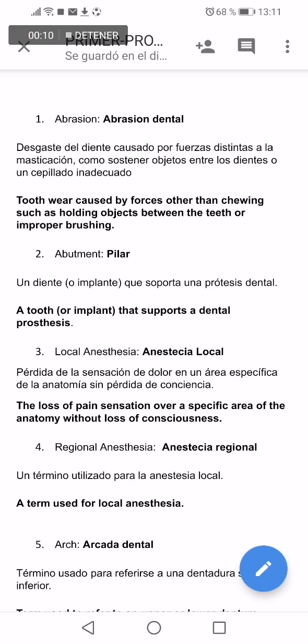Aberration, aberración dental: tooth wear caused by forces other than chewing, such as holding objects between the teeth or improper brushing.